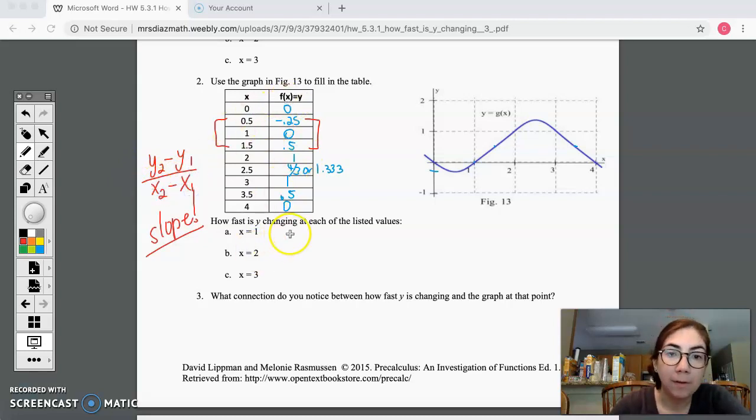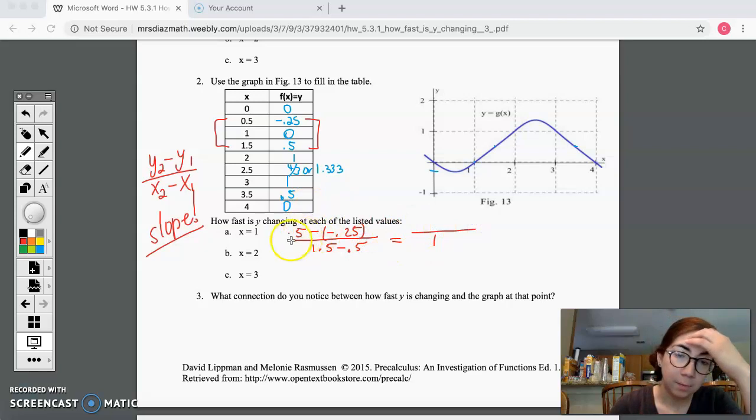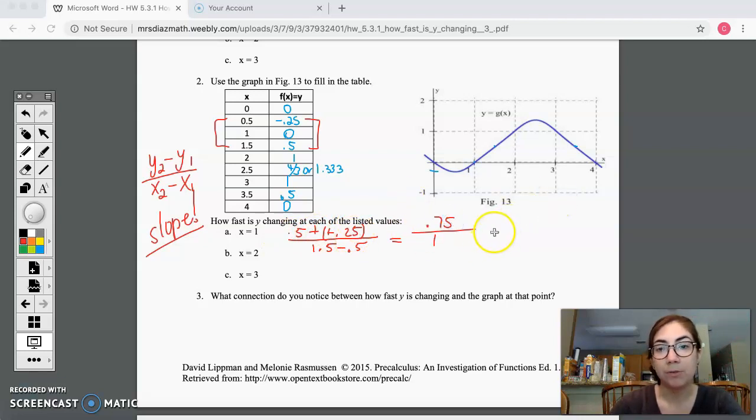So I'm going to take the 0.5 minus a negative 0.25, divided by 1.5 minus 0.5. So the bottom's just going to be a clean 1. And then with 0.5, when you have two negatives, they become a positive. So 0.5 plus 0.25 is 0.75. So the answer here is 0.75.